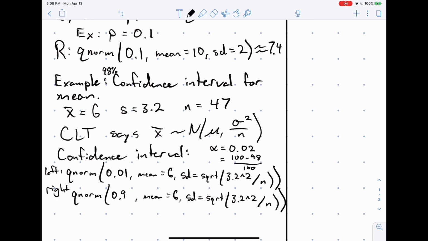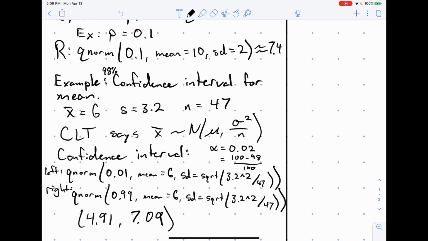The difference is, instead of 0.01, it'll be 0.99 here. And that'll be your right-hand side. You plug these two numbers in, and you get the following, to 16 digits of precision: 4.91 and 7.09. So this is your confidence interval, just rounding them down.